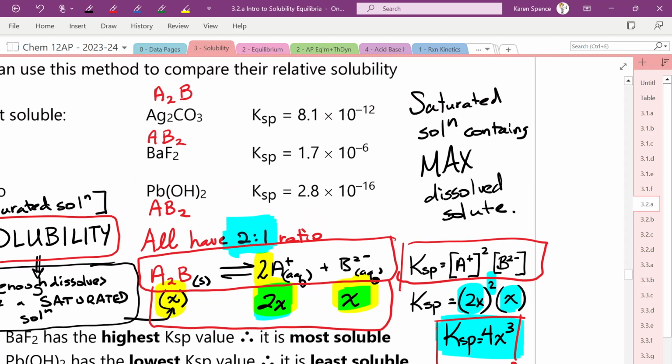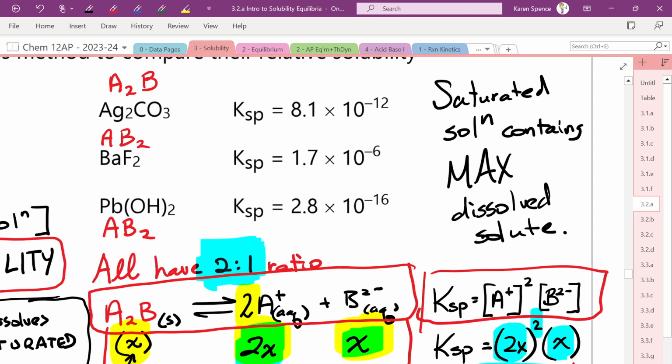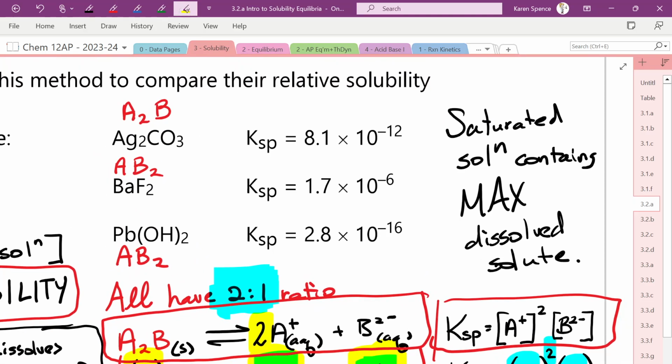So let's take a look at our 3 KSPs for our 3 compounds here. We have 10 to the negative 12, 10 to the negative 6, 10 to the negative 16. Tell your partner which of these compounds has the highest solubility. Second one, yes? Yeah, it's got the biggest number.